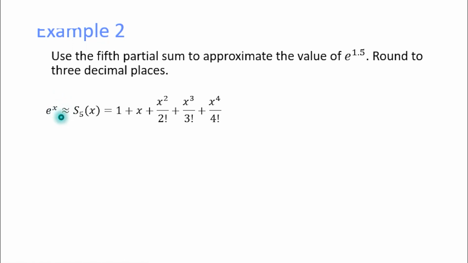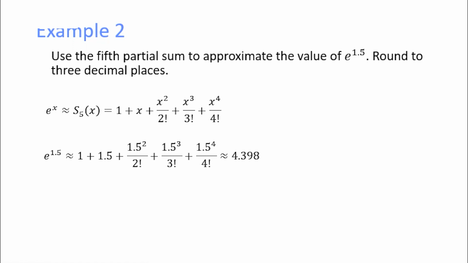This will be only an approximation. And this means also that we only use n from 0 to 4. Once we have this, we can simply substitute our x value, which is 1.5 this time, and type it into our calculator. Here we go. Don't forget to round to 3 decimal places.